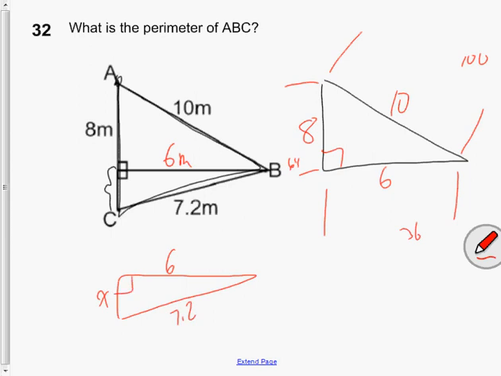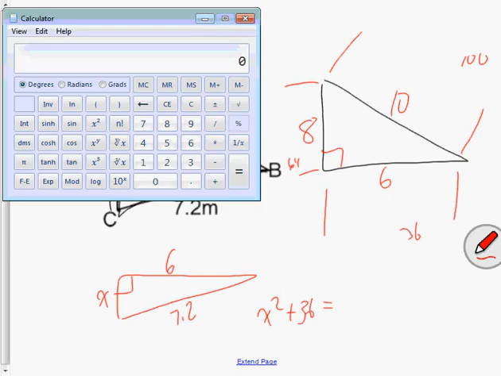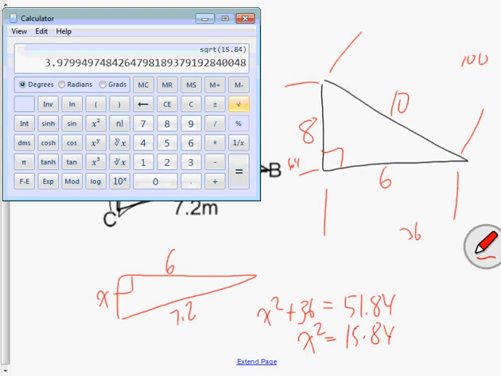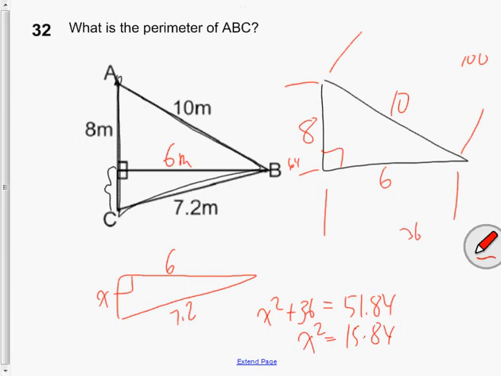And when I use my Pythagorean theorem, x squared plus 36, which is 6 squared, equals 7.2 squared, which is, I should use the square button, 51.84. If I subtract that 36 from that, I get x squared equals 15.84. And therefore, the square root of that is roughly 3.97, or we'll make it roughly 4.